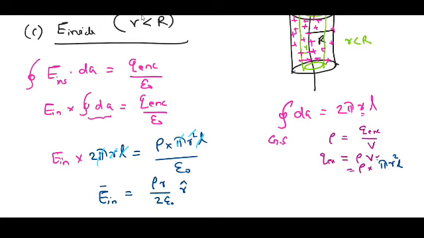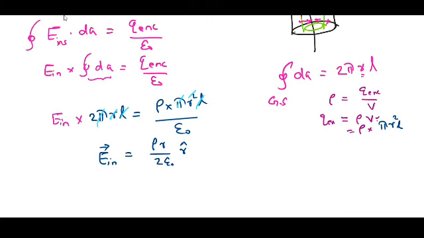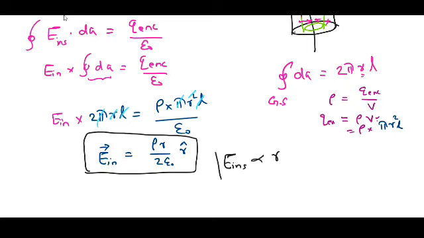If you write in terms of the vector quantity, the electric field is radially outward. This is the expression for the electric field inside the uniformly charged solid cylinder. E inside is proportional to r.